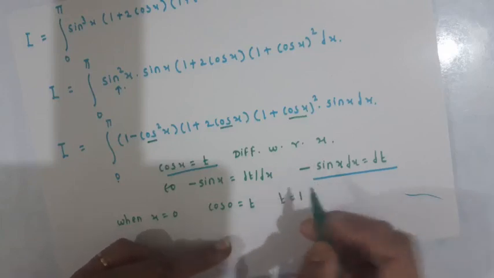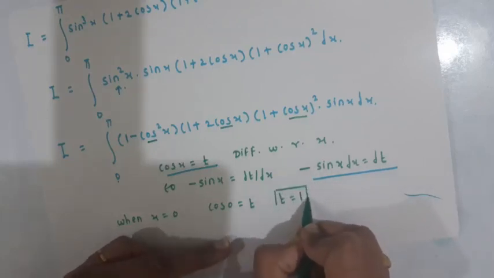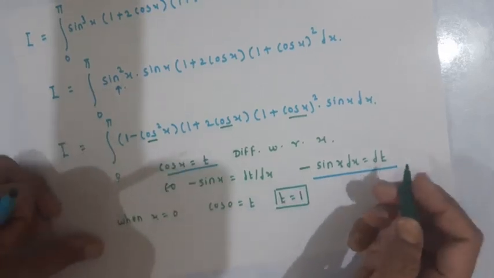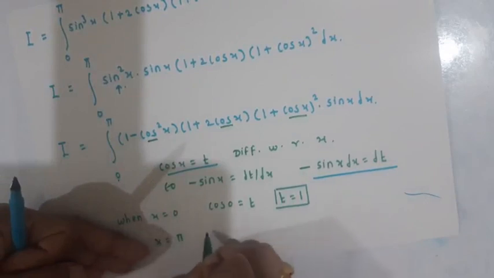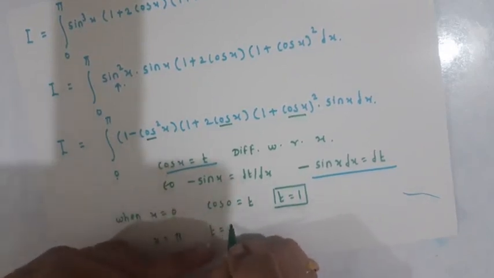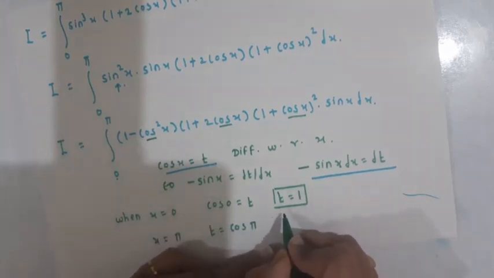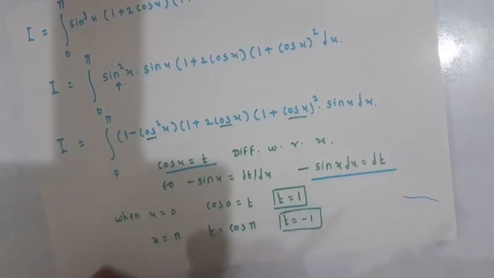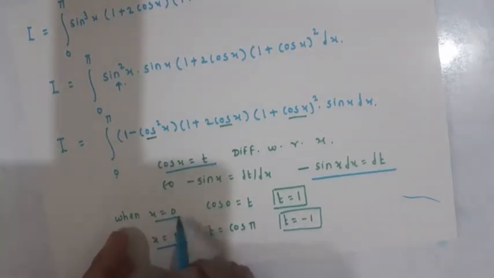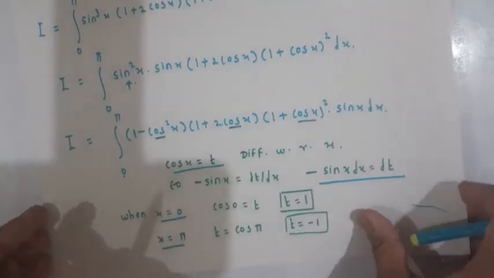Now when x equal to pi, t equal to cos pi, and the value of cos pi is minus 1. Therefore t equal to minus 1 at x equal to pi. Now change the limit according to the substitution.